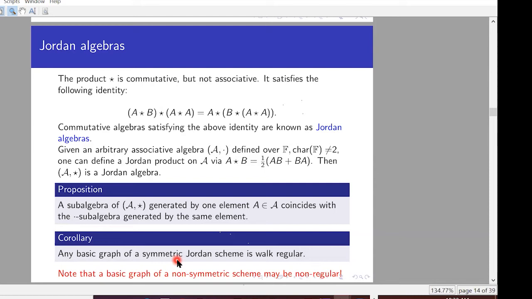But it does not work if you are not assuming that the Jordan scheme is symmetric. There is a very simple example on 4 points.